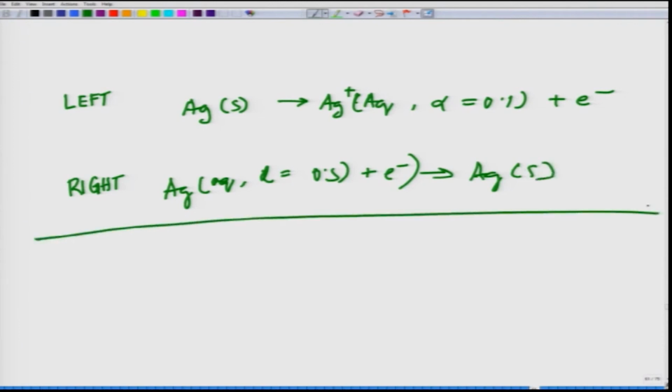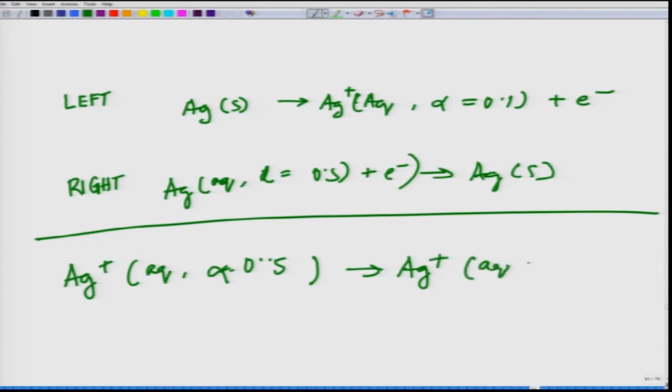Adding both, the overall reaction is Ag plus aqueous at 0.5 going to Ag plus aqueous at 0.1.